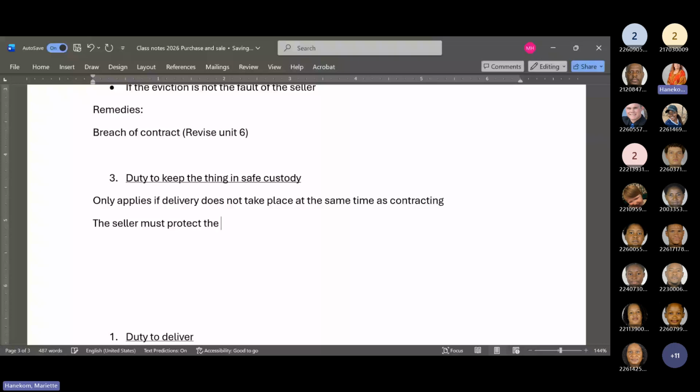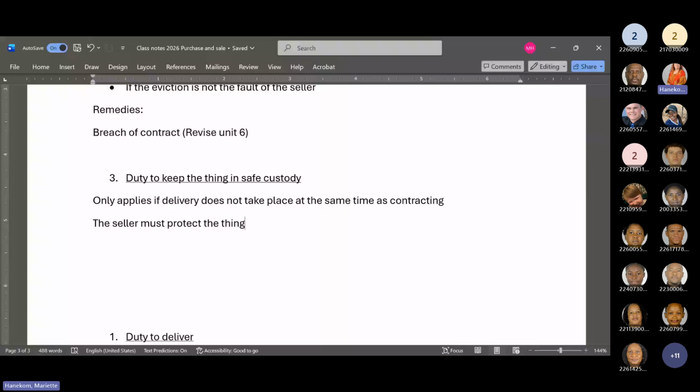So I must look after this phone. I must make sure it doesn't get damaged. I must make sure it doesn't get lost.